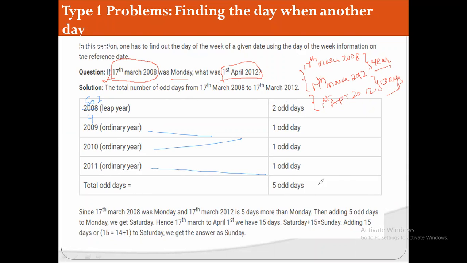So the total odd days in this completion of the years will be 5 odd days. Up to 17th March 2012 there are only 5 odd days, that is 5 days more than Monday.